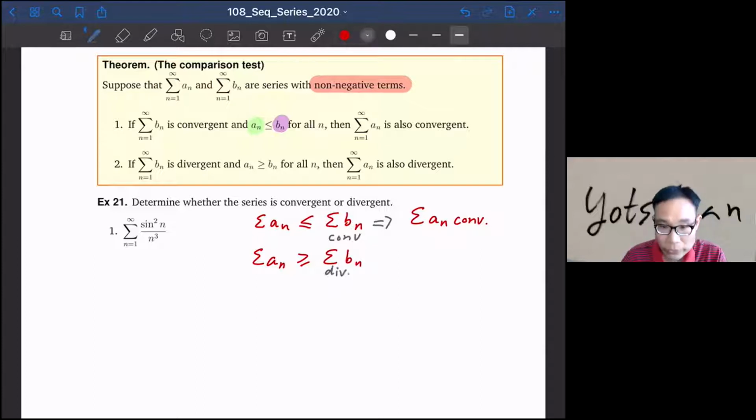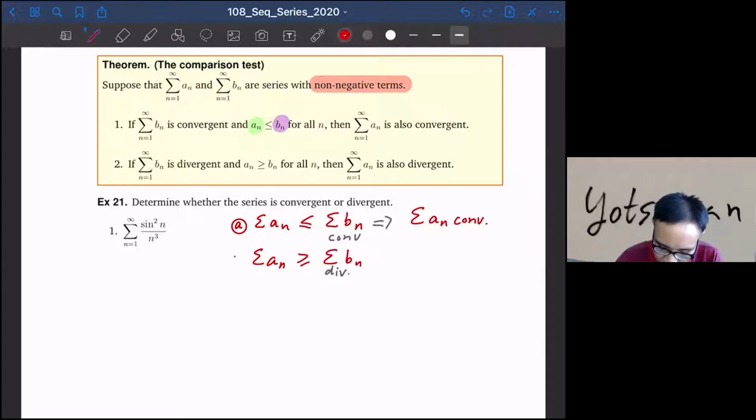Okay, so in the first case, the term turns out to be smaller and the bigger, or larger, one is convergent. So the smaller one is convergent.